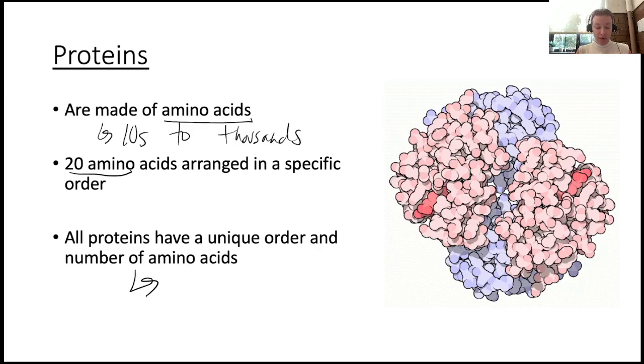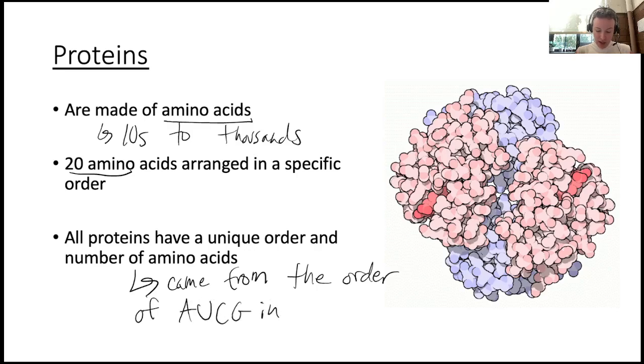And the order of amino acids came from the order of A, U, C, and G in RNA. So the RNA is literally read out to make this protein, and the letters and their sequence in RNA tells the protein what sequence of amino acids it needs to have.